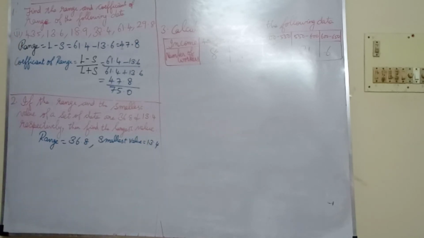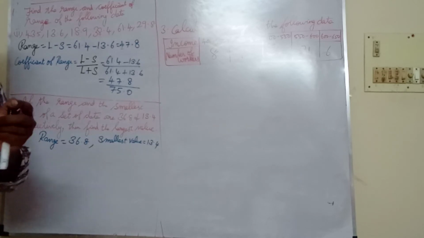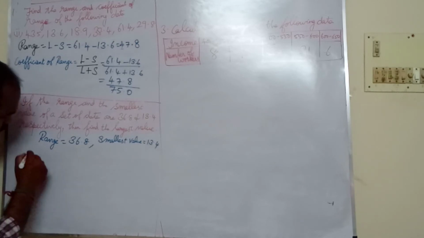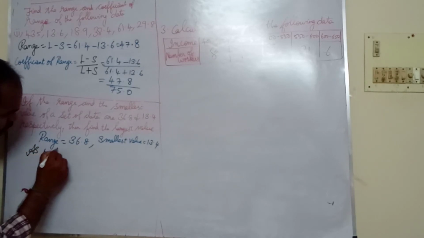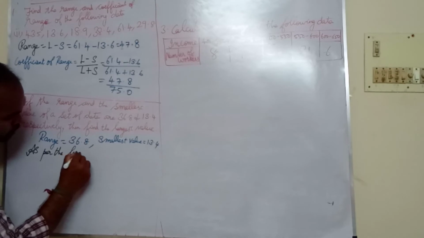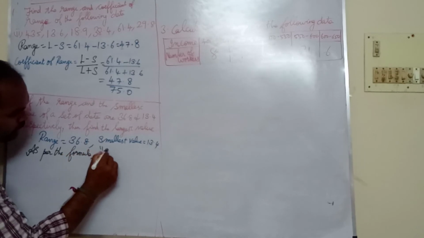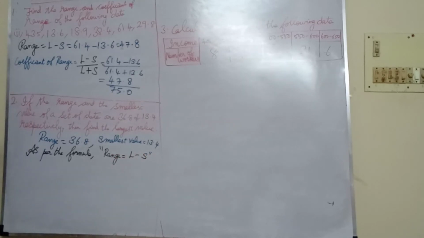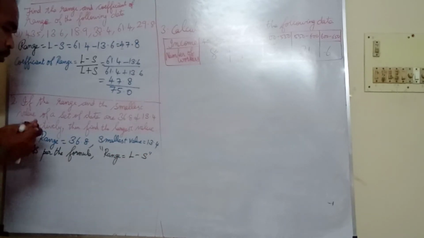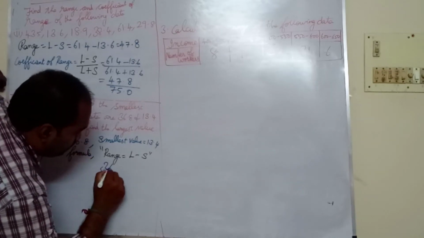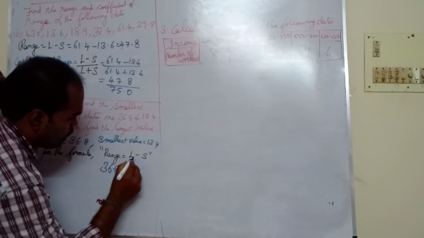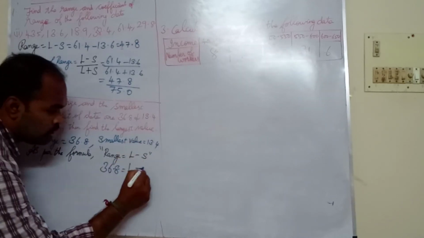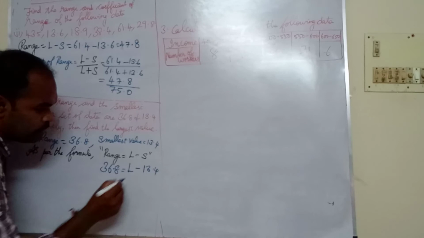So how do we find the largest value? First of all, we need to know the formula. As per the formula, range equals L minus S. Range is 36.8. L is what? We need to find the value. Smallest value S is 13.4.